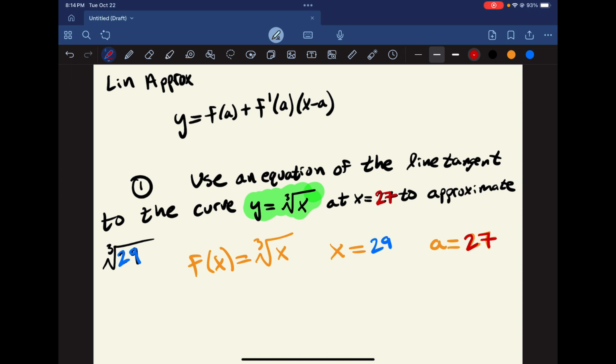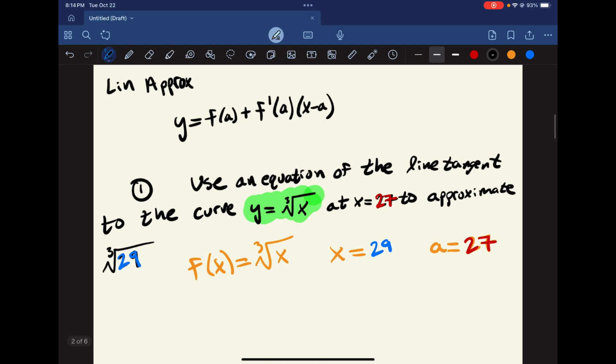And this is kind of the tricky part. You kind of just have to get the feel of it and do some practice problems with it. But you can kind of think of it like a is a jumping off point. We're taking something that we can easily find the cube root of that's close to the cube root of 29, because we're trying to approximate.